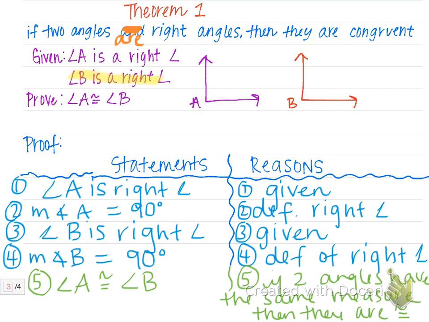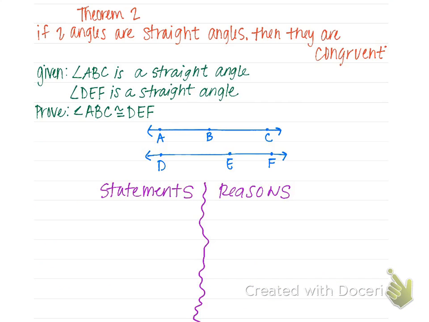Okay, now moving on to our second theorem. If two angles are straight angles, then they are congruent. And as I said, you might have to stop the video right here while you write, which is fine. So, I'm given angle ABC is a straight angle, so this first picture is ABC, and DEF is a straight angle.